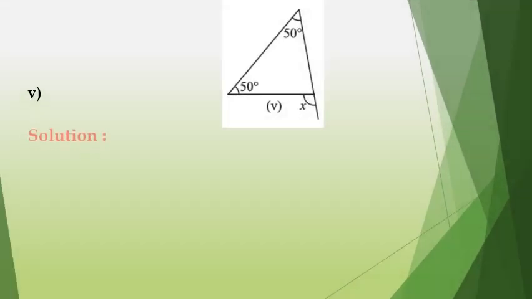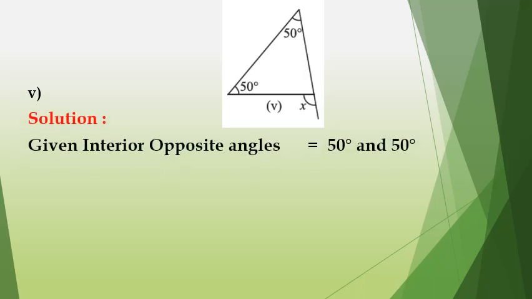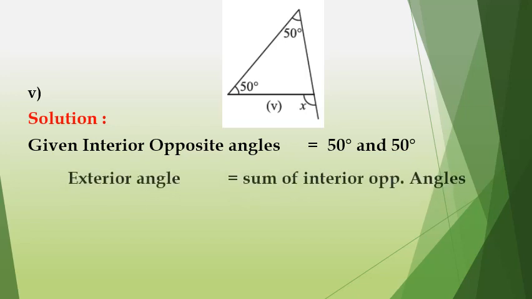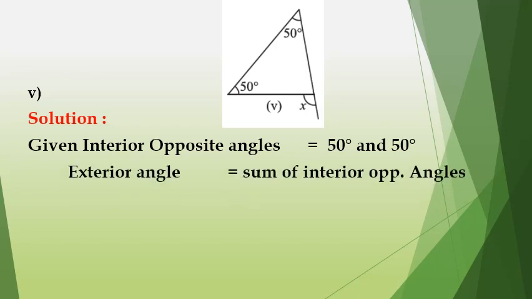Question number 5. Given interior opposite angles are 50 degree and 50 degree. Exterior angle equal to sum of interior opposite angles. That is angle x equal to 50 plus 50 equal to 100 degree.